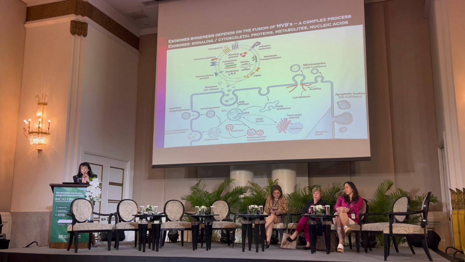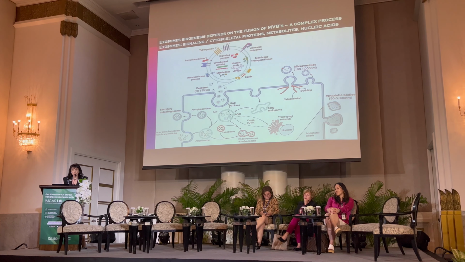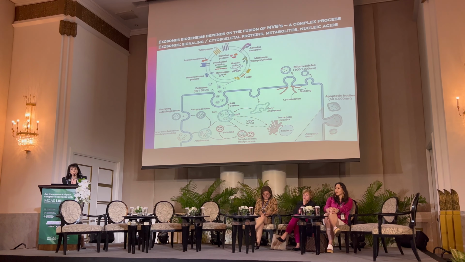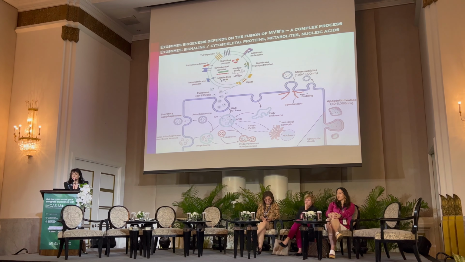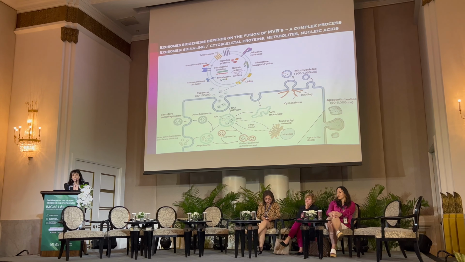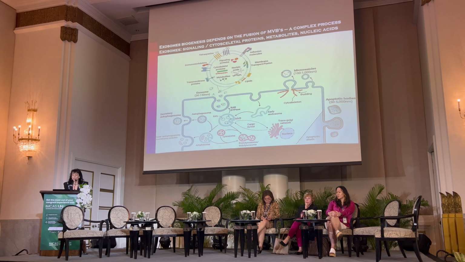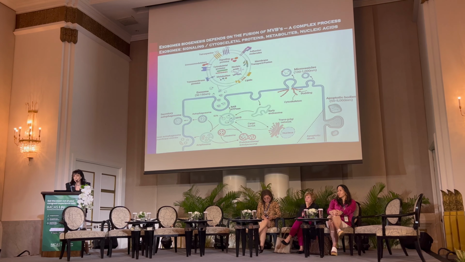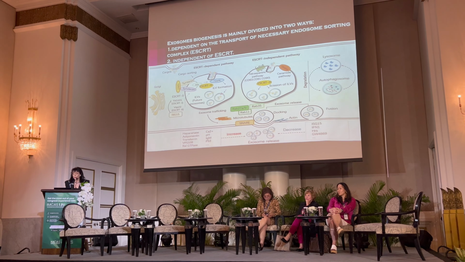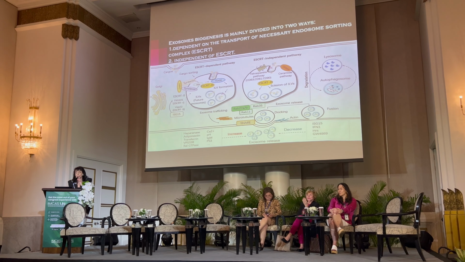Exosome biogenesis depends on the fusion of these multivesicular bodies. This is a complex process and it involves signaling, cytoskeletal proteins, metabolites, and nucleic acids, that's RNA and so on and so forth. Exosome biogenesis is mainly divided into two ways.